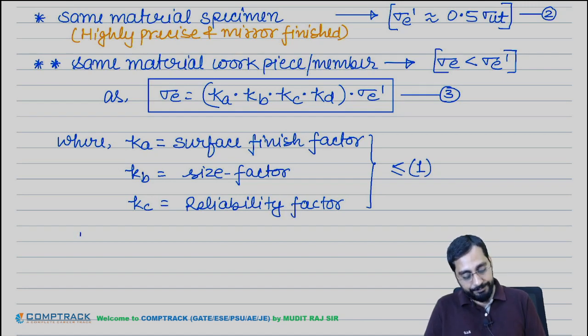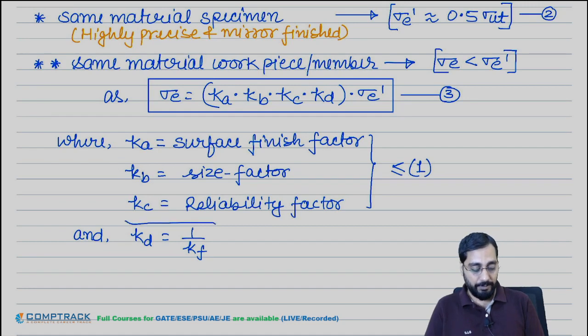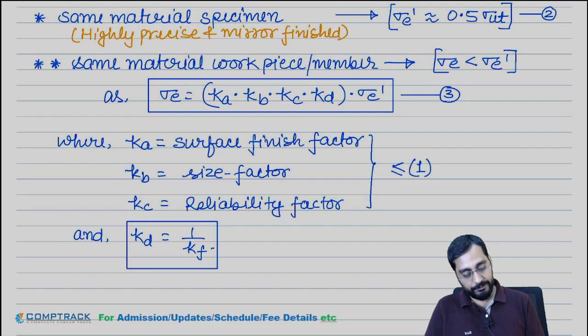And Kd will be equal to 1 by Kf, where Kf is a new factor.